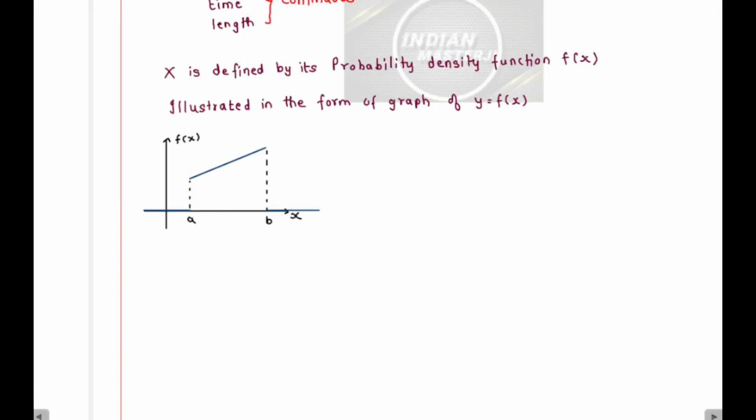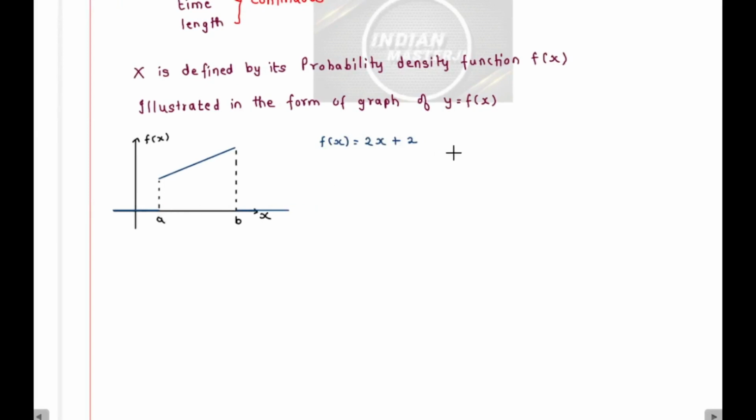Here this f of x will be an equation, correct? So I can have something like f of x equal to 2x plus 2, defined for an interval. Now what values of x is it taking?